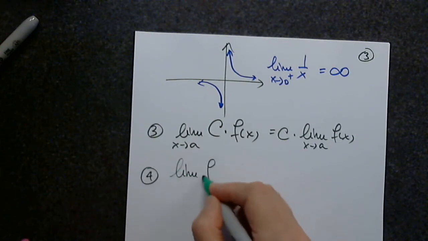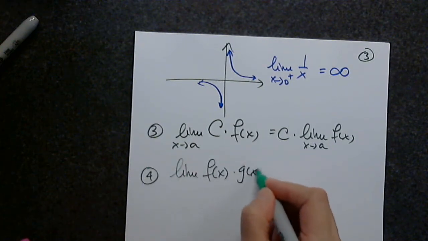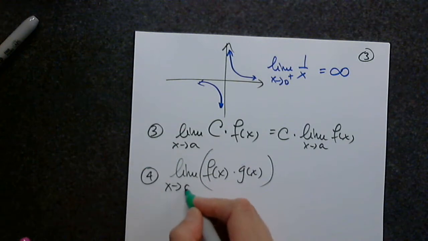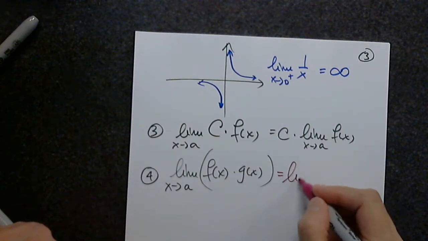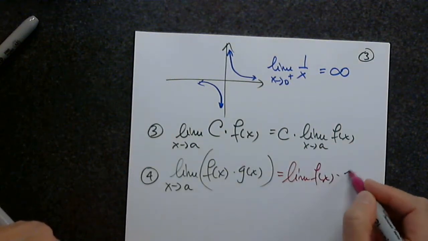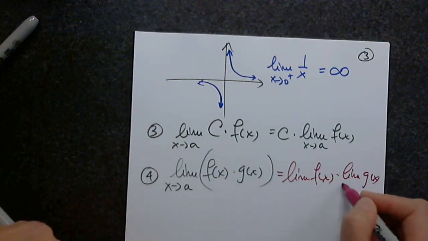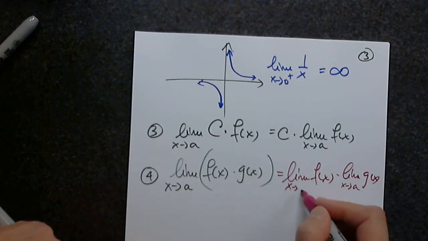Limit of f of x times g of x as x approaches a from either side. Common sense, what do you think this would equal to? So the limit, yes, of f of x times the limit of g of x as x approaches a in both cases.